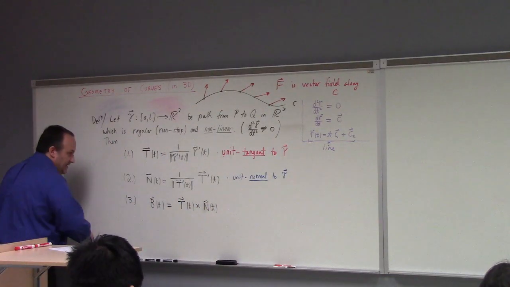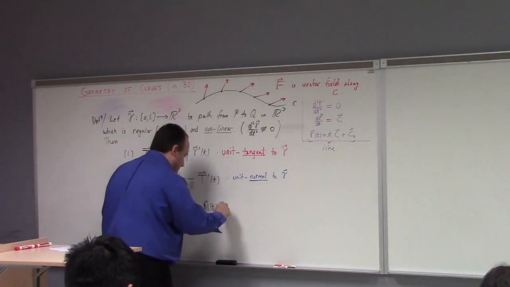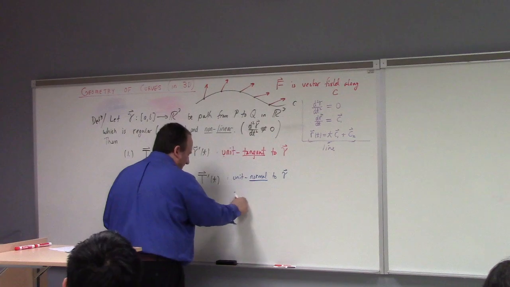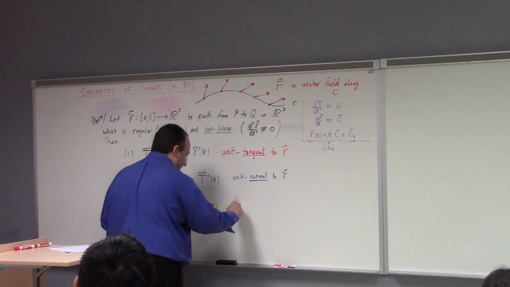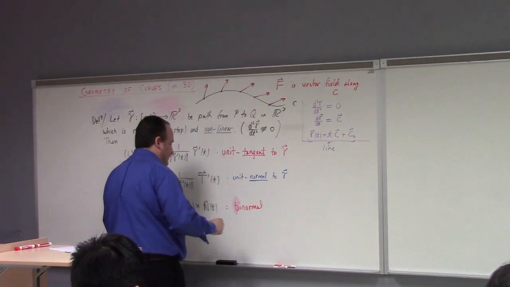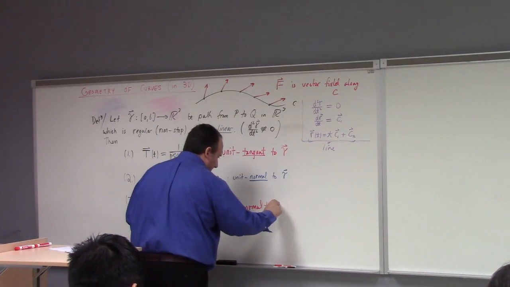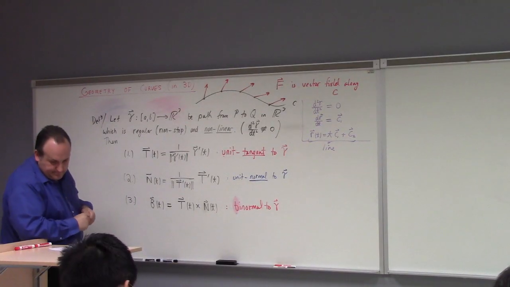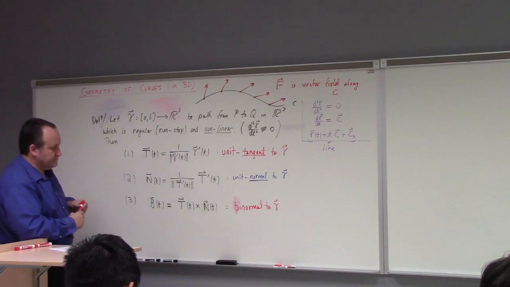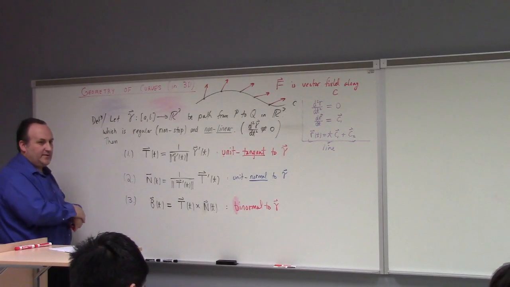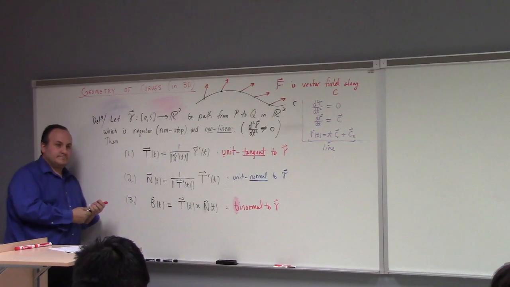This is known as the binormal. It's the unit, but no one says unit. It's just the binormal vector field to the curve. All right. And every one of these is defined for all t going from a to b, right? The domain of the path.